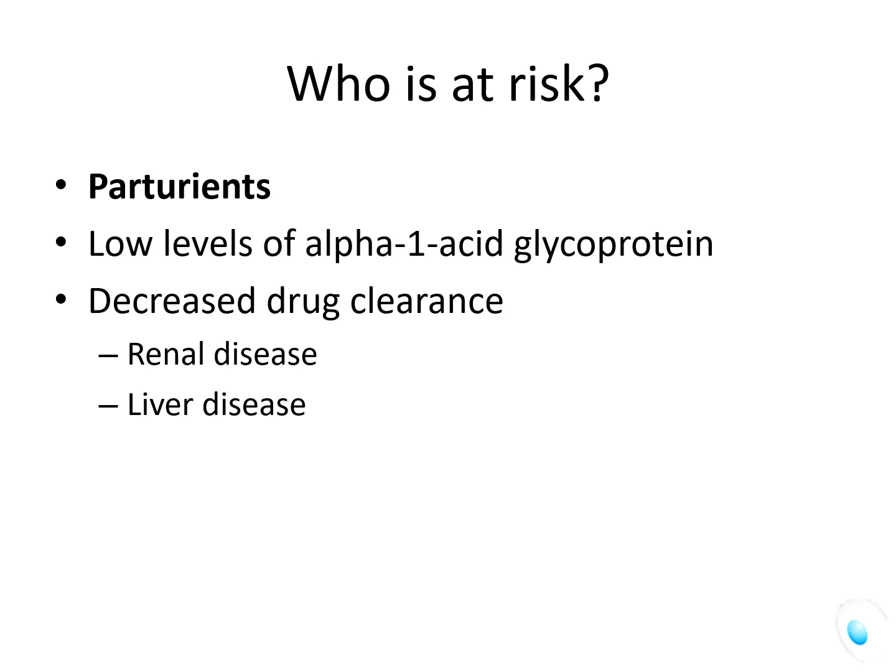The individuals at risk are, 1, your parturients. 2 would be anybody with low levels of alpha-1 acid glycoprotein, which could be for a number of reasons, such as in a parturient or in somebody with renal disease. And 3, any reason for decreased drug clearance. Again, renal disease, liver disease, anything that's going to impede the clearance and metabolism of that local anesthetic will put somebody at risk.